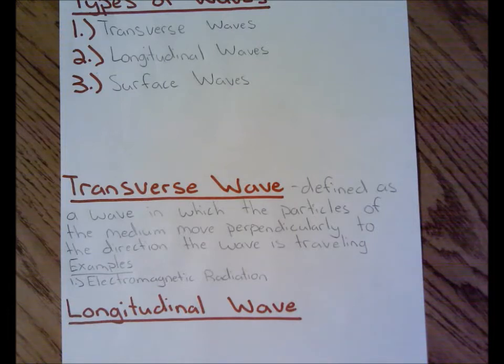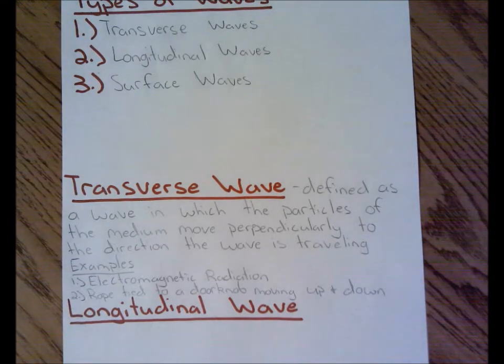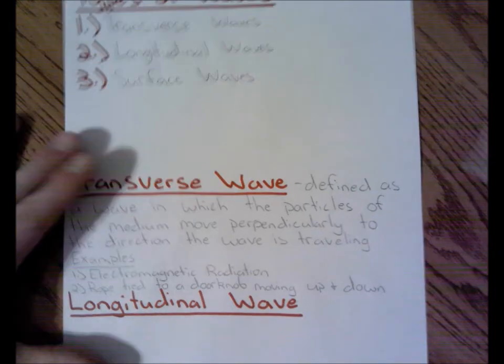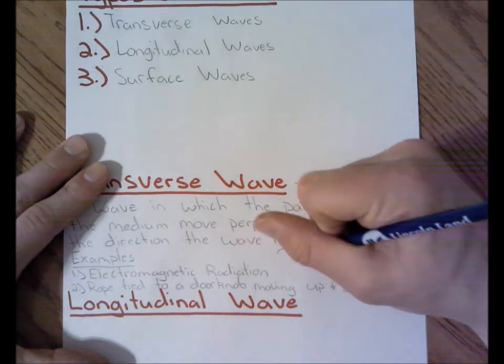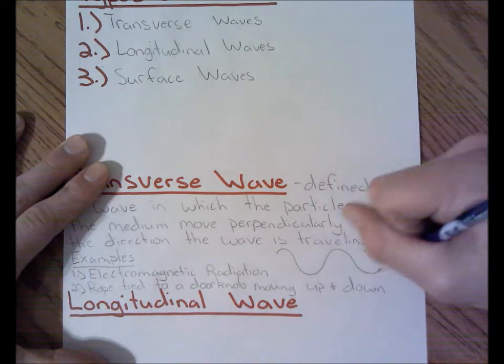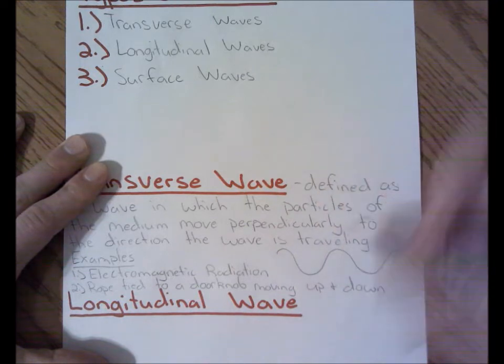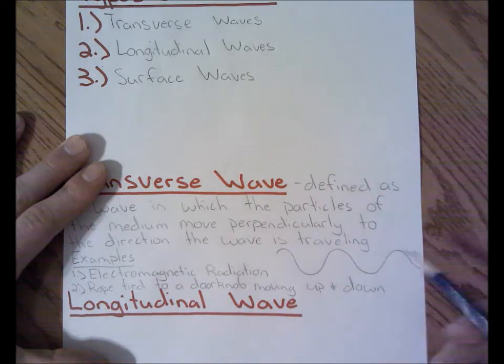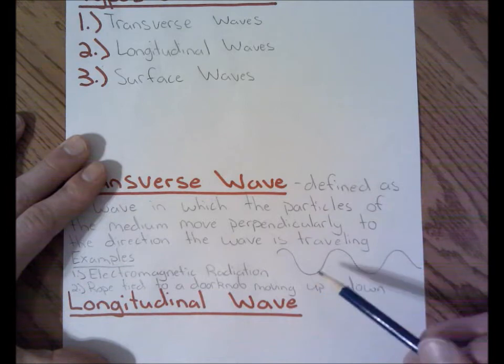To give you an idea, a transverse wave is going to look like this. The tops are called the crest and the bottoms are called the trough. A point from trough to trough or from crest to crest is what we call a wavelength.